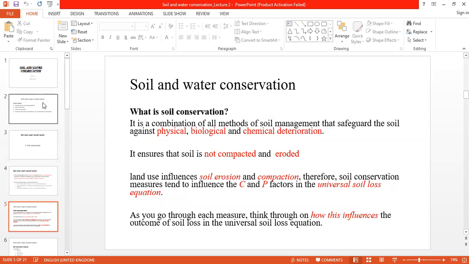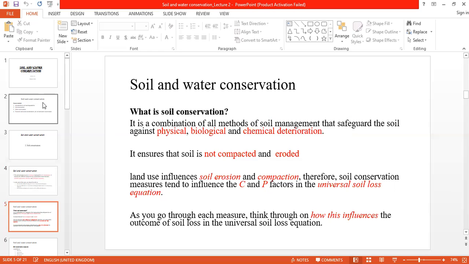So to start with, we can just go through the definition again. So since we are dealing with soil conservation, we need to understand what is soil conservation. So basically, it's just a combination of methods of soil management that safeguard the soil against physical, biological, and chemical degradation.